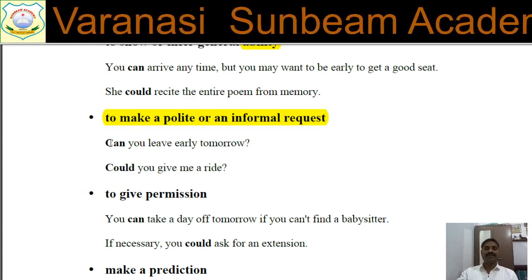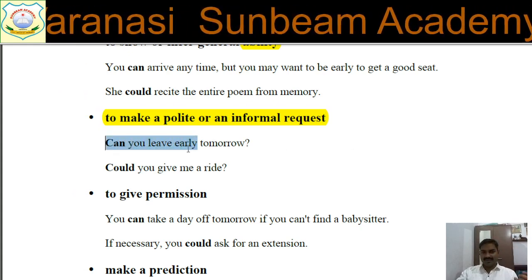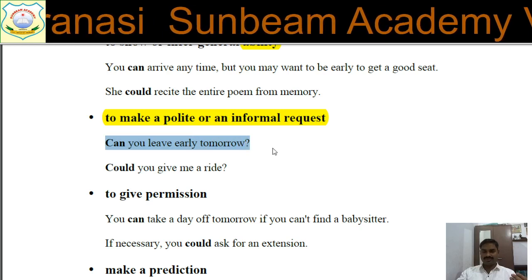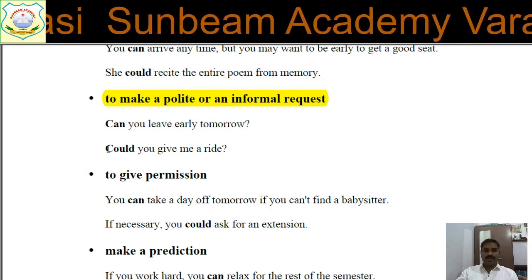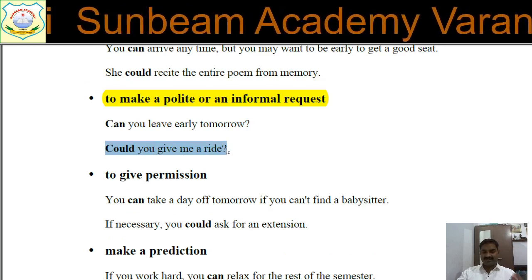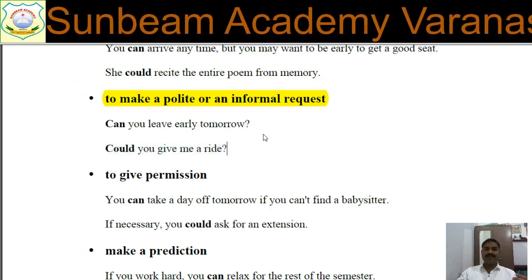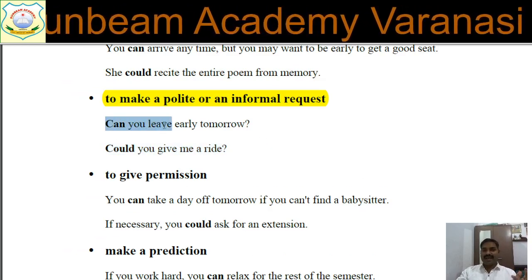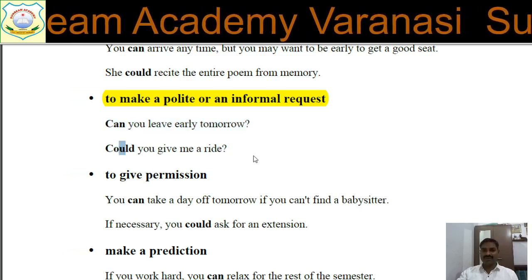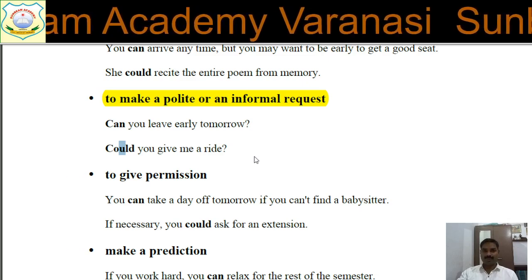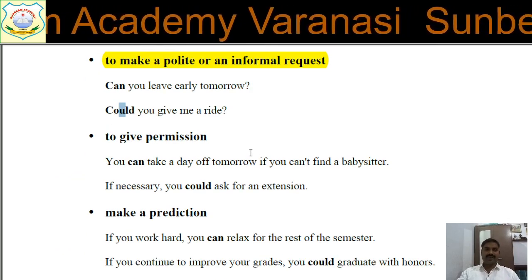Okay. The examples are, can you leave early tomorrow? Okay. This is a request. Next is, could you give me a ride? This is also a request. But here, can is informal and could is formal or more polite, you can say. Okay, more polite request.